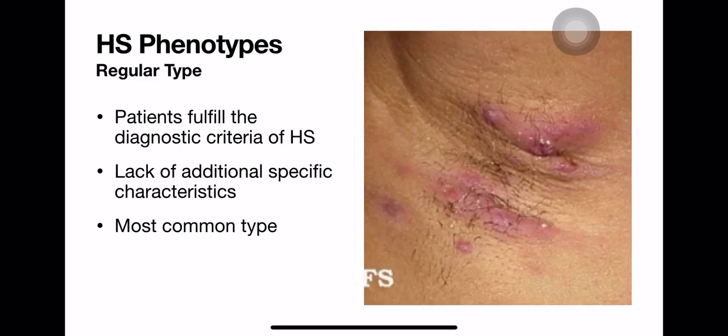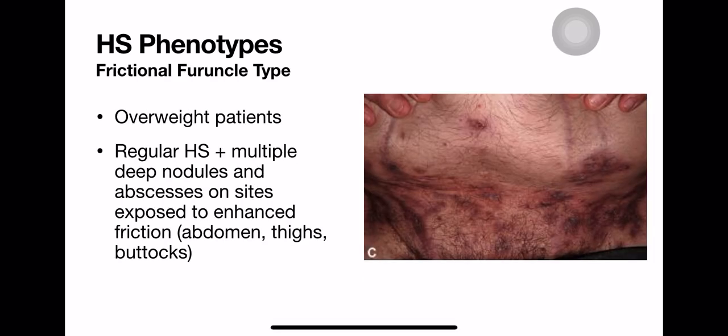For the first type, the regular type, it is the most common and consists of patients who fulfill the diagnostic criteria for HS but lack other specific characteristics. Next would be the frictional furuncle type. This features lesions in frictional sites in patients who are overweight.